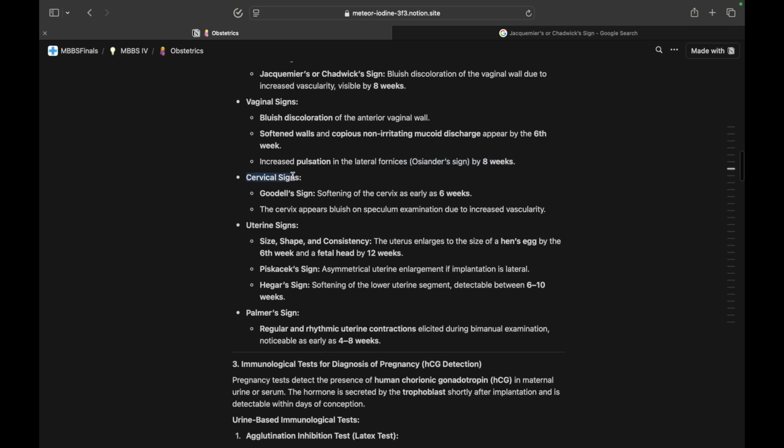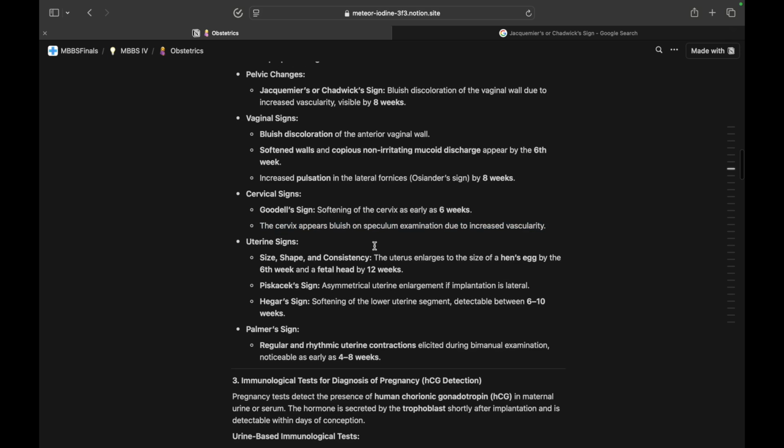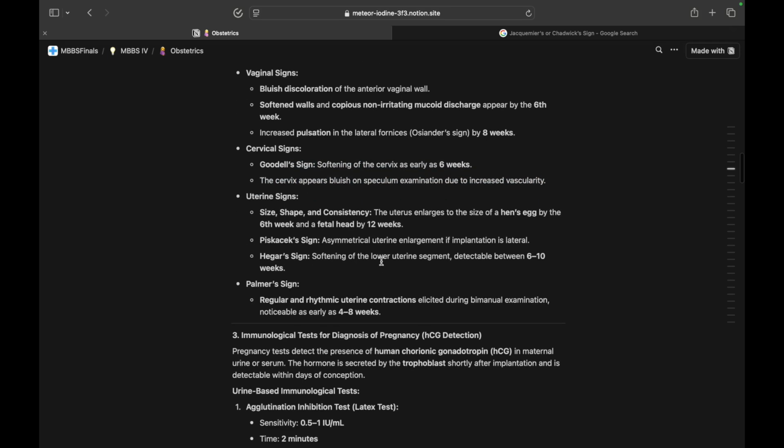Next is cervical sign, which is Goodell's sign, softening of cervix as early as 6th week. Goodell's sign, and 6th week starts with G. Softening of cervix. Cervix appears bluish on speculum examination, so everything is blue. That is Goodell's sign.